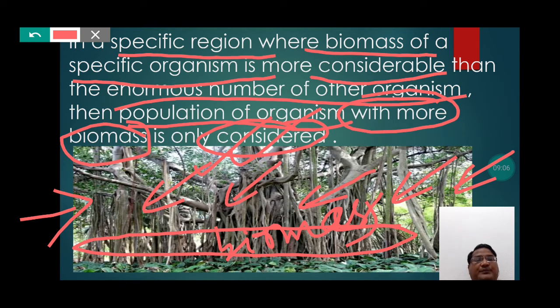So the biomass of the tree, being more in comparison to the lesser number of animals, will be considered as the main basis of population. So students, in this example we can say that the population of trees is more in a forest in comparison to the organisms or animals which are also present in the forest, but they are lesser in number and even their biomass is very less.